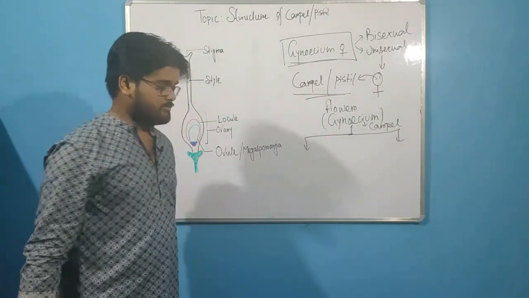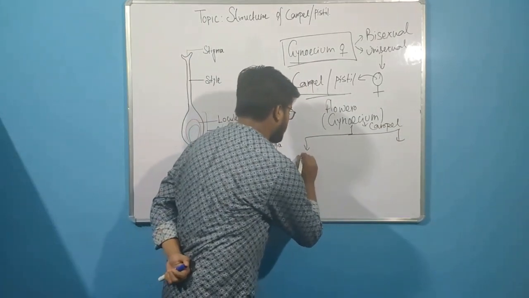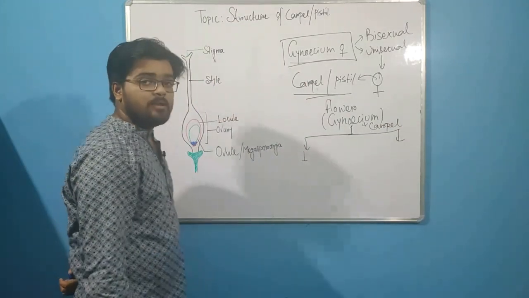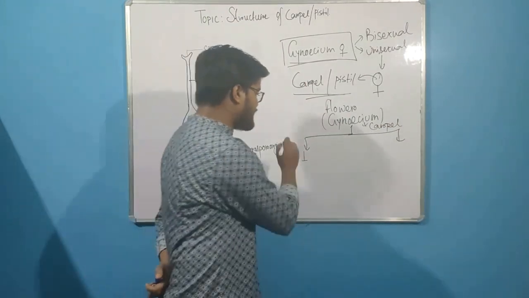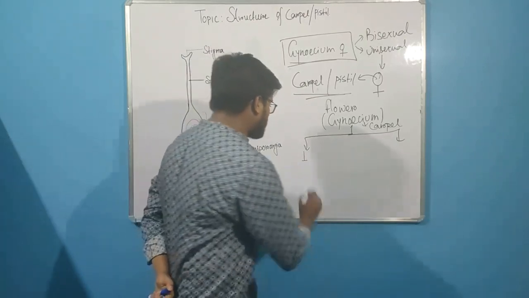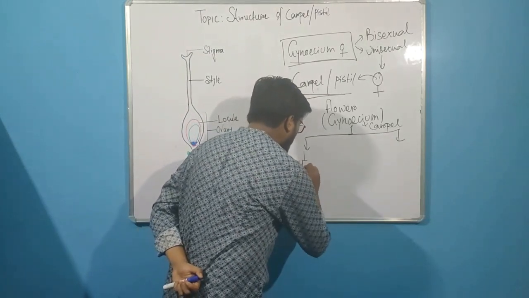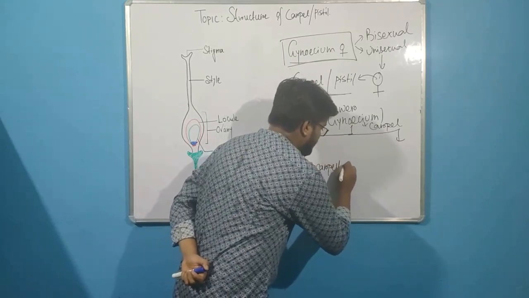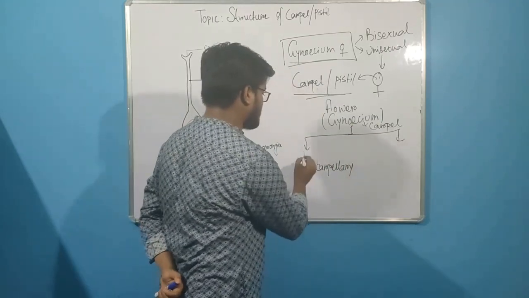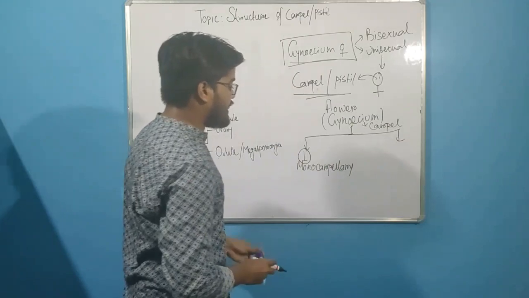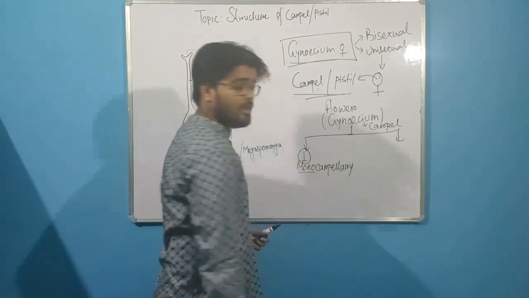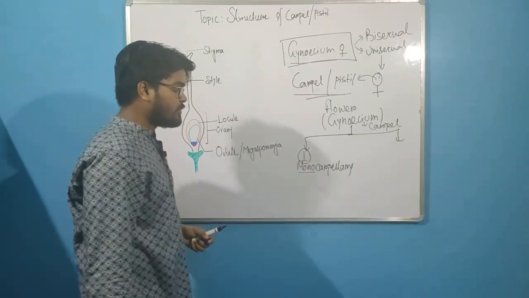Now the carpel can be one, and if there is only one carpel, that is known as monocarpellary. As it is one, it's called mono. Mono means single.